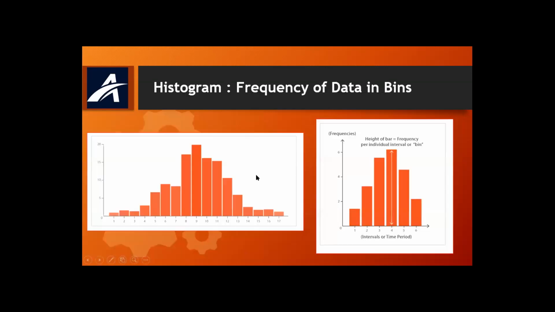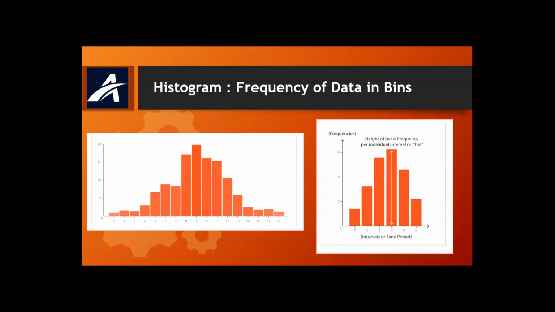All right. Okay, we have the frequency of data and the histogram. You need to visualize the distribution of your data. A histogram basically takes your data and puts it into buckets.